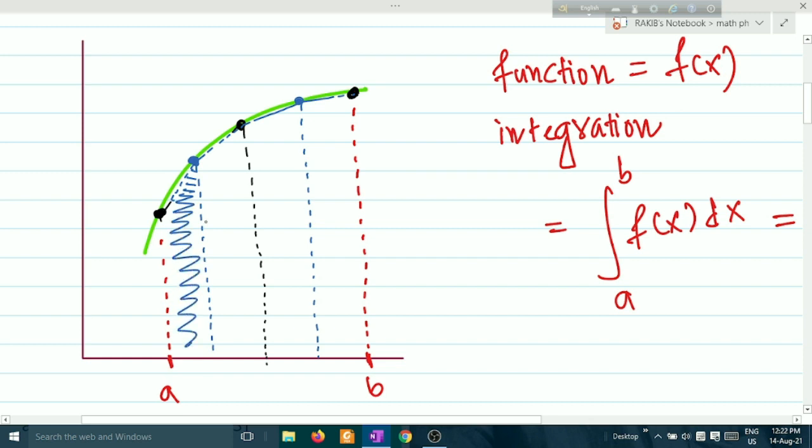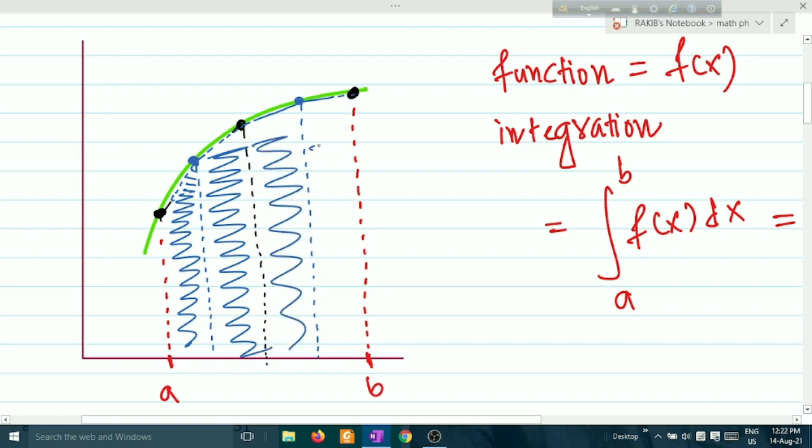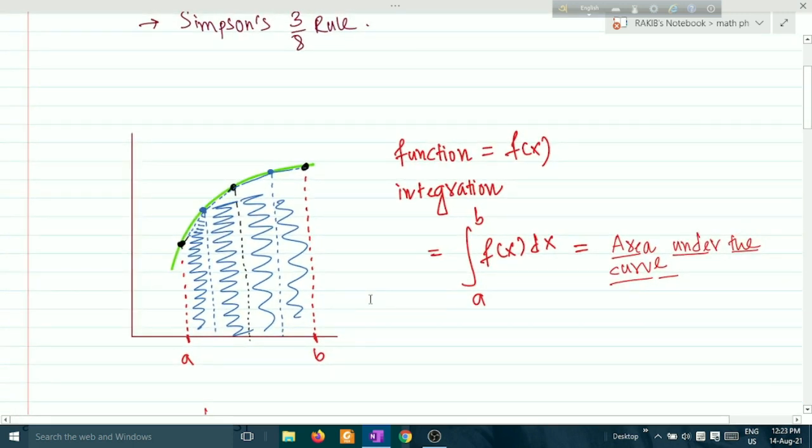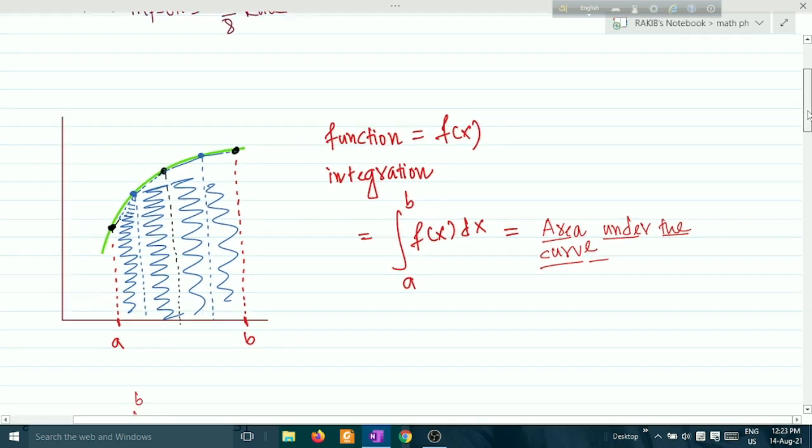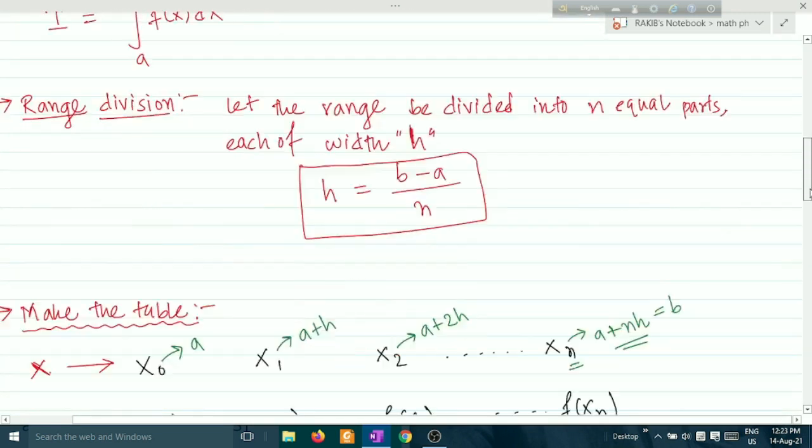This is the area of this thing, and this is the area of this thing and the area of this thing. These are the individual areas collected, and they give a more accurate result than the trapezoidal rule and Simpson's 1/3 rule.